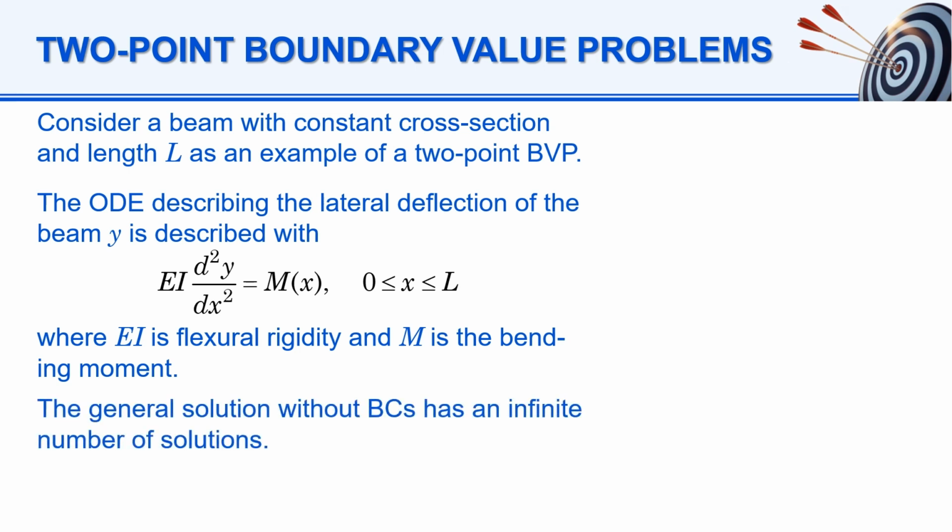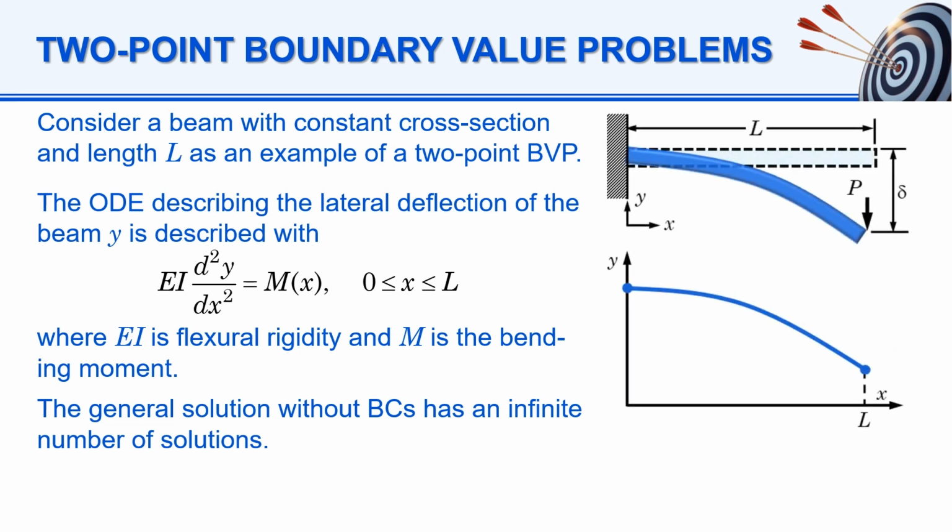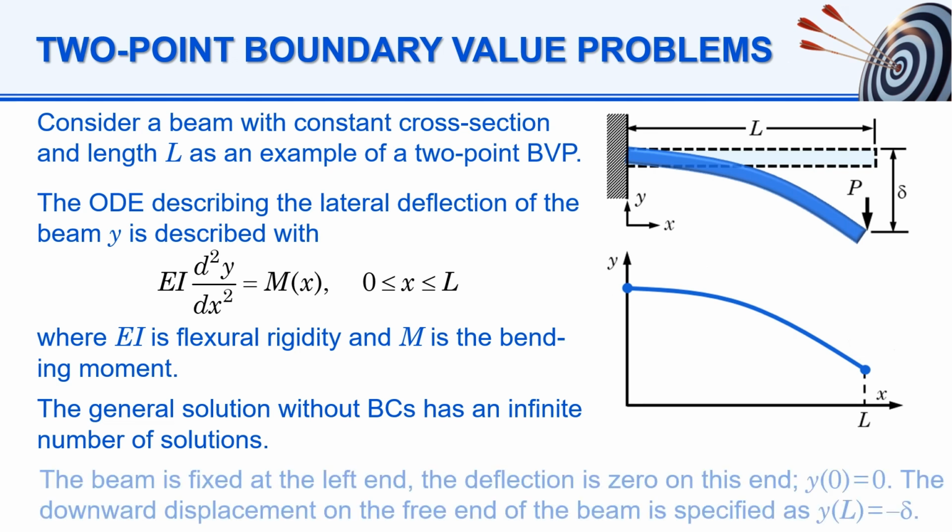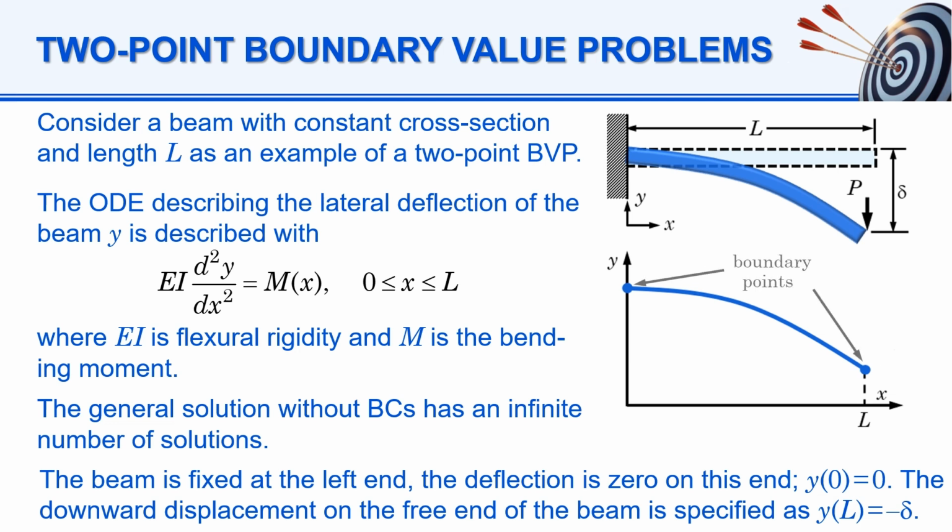The general solution without boundary conditions has an infinite number of solutions. The beam is fixed at the left end. The deflection is 0 on this end, i.e., y(0) is equal to 0. The displacement on the free end of the beam is specified as y(L) equals minus delta, with the minus sign indicating the downward direction.